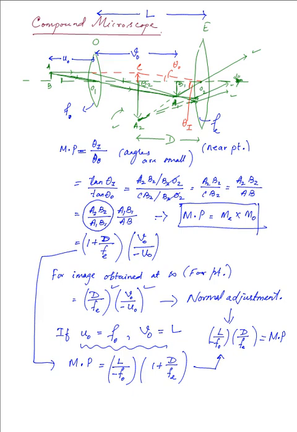Also, we know the power of two thin lenses separated through a distance d. I discussed in the 10th video of this playlist the power of the system of lenses, where two lenses are kept in contact or separated through a distance d. So you can refer to that as well.